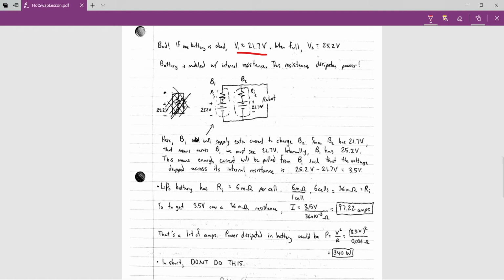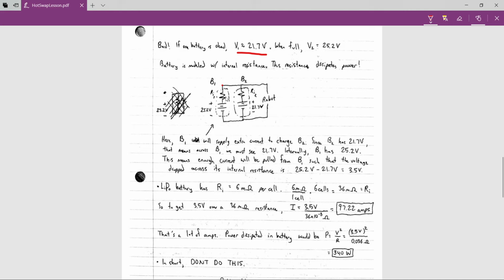So this battery is going to begin charging the lower voltage battery, but also because the maximum voltage I can have across this battery here is 21.7 volts, that's the voltage that I'm going to see all along this top line, which means if I'm seeing 21.7 volts right here, then I must have 25.2 volts minus some voltage across this internal resistance equal to 21.7 volts.